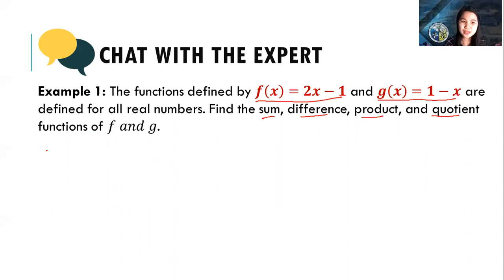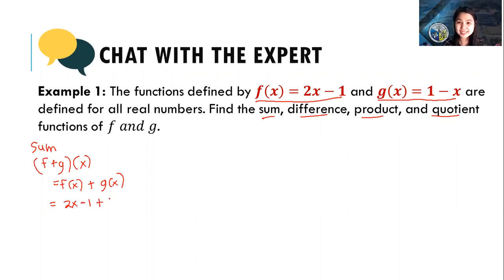Let's start with the sum function, the f plus g of x. Remember, that's equal to f of x plus g of x. Our f of x is 2x minus 1. Then we add our g of x, 1 minus x.